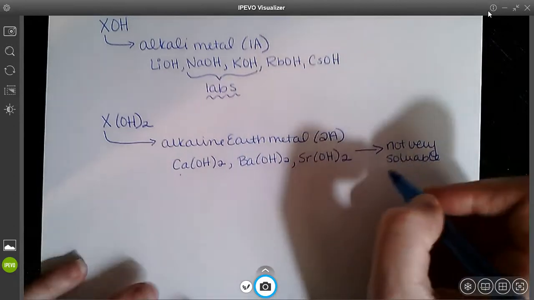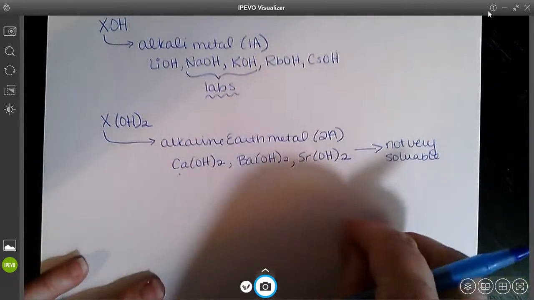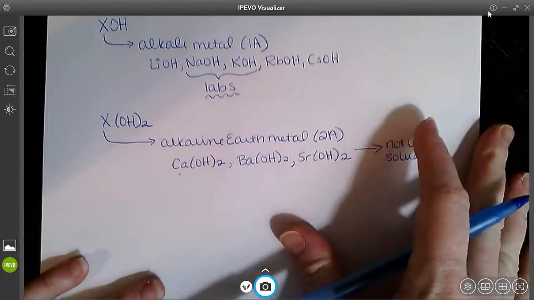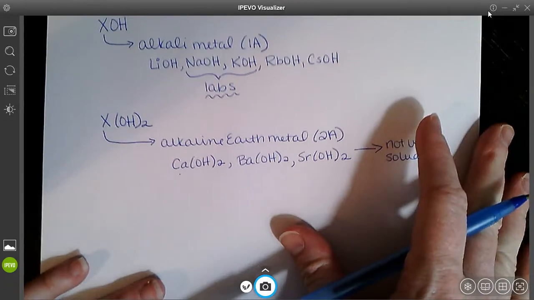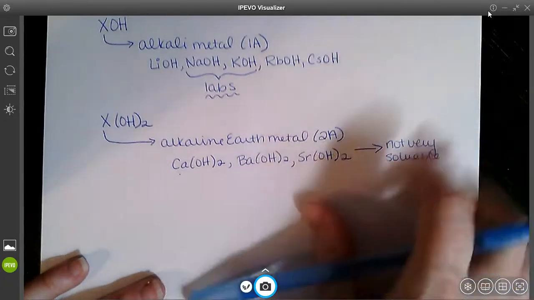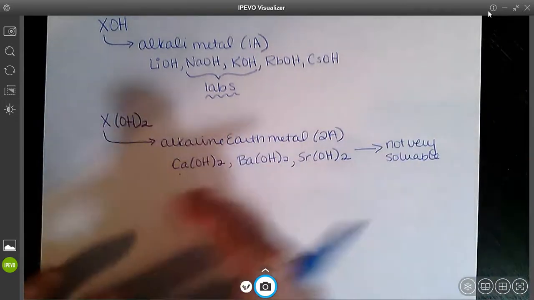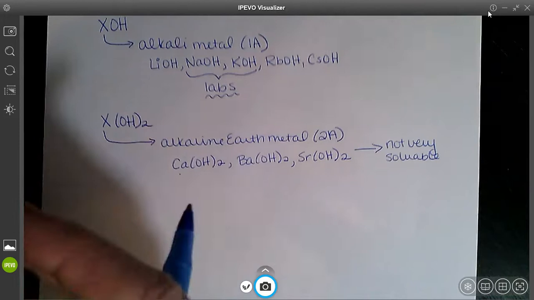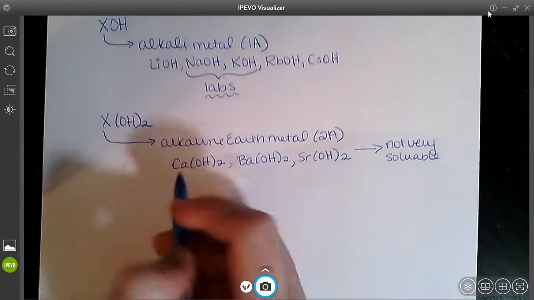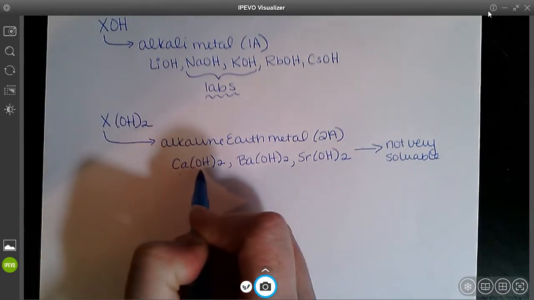But what does go into the water, what does become aqueous, all of it breaks up. So the parts that do dissolve 100% dissociate. It's just some of them don't even dissolve. They stay chunked together, as opposed to it just becoming Ca(OH)2 aqueous. That doesn't exist.